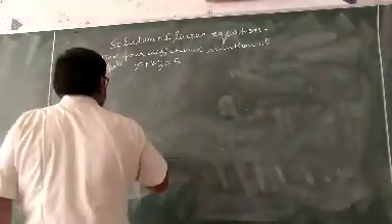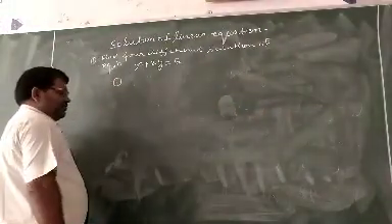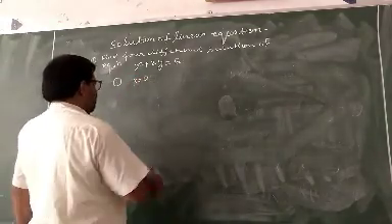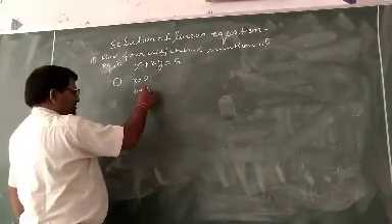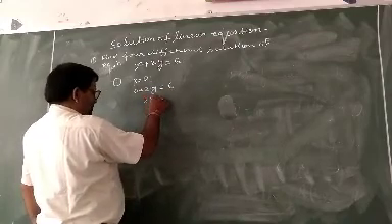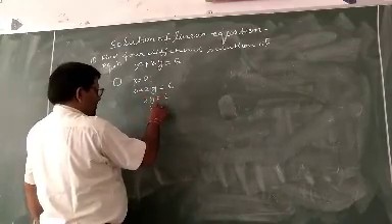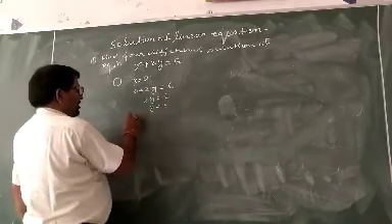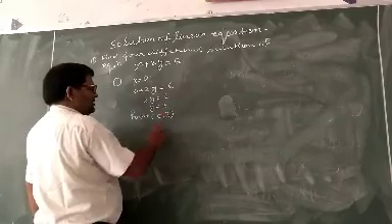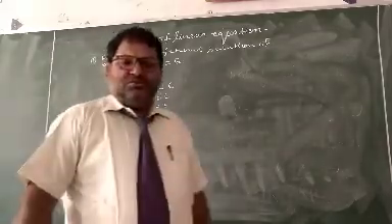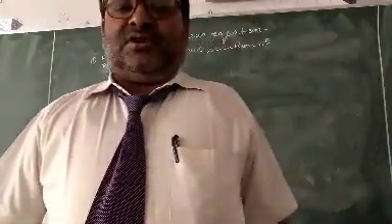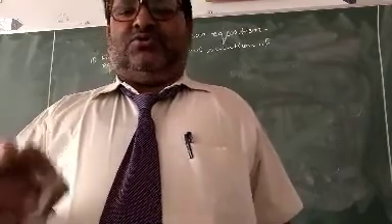First we put the value of x equal to 0. Then 0 plus 2y equal to 6, 2y equal to 6 and y equal to 3. So the point (0, 3) is the solution.